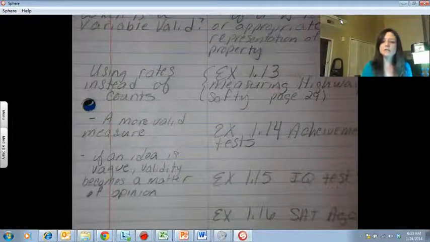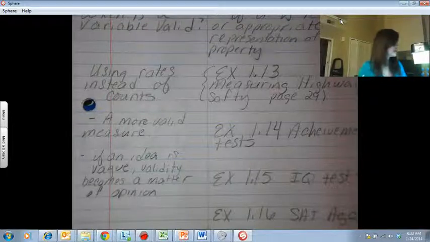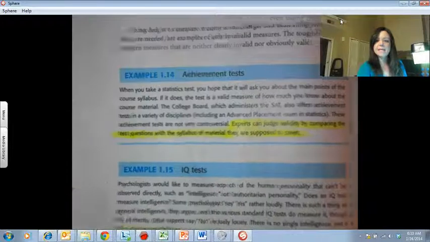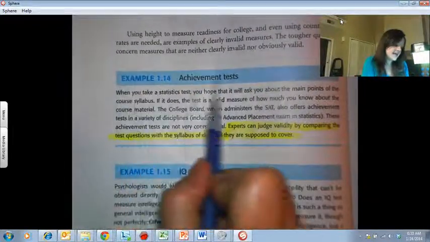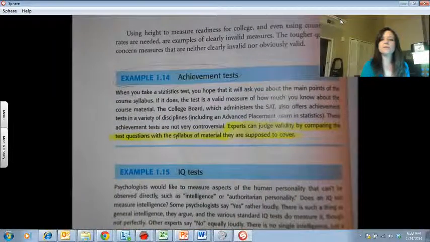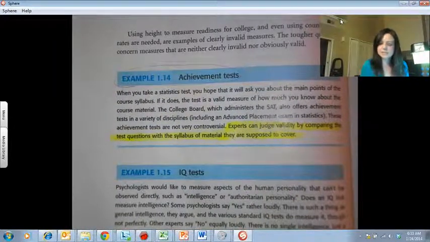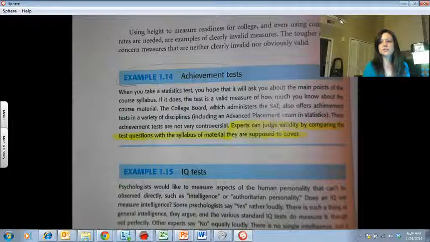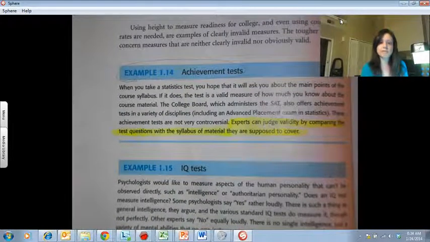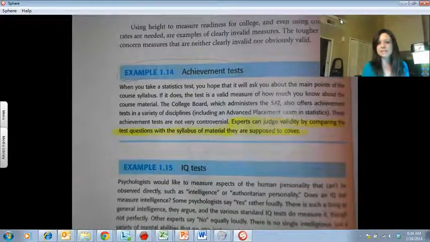But also in example 1.14, it talks about tests like AP exams, and it says that is a more valid way to measure because they can look at the syllabus, like what were you supposed to have learned, and then they can look at the test questions and say, do those test questions match what you learned? And that is a really simple way to tell if that's correct.